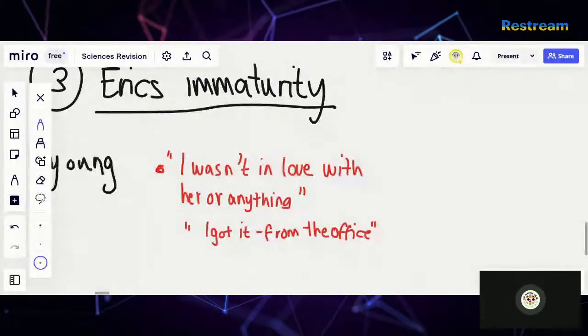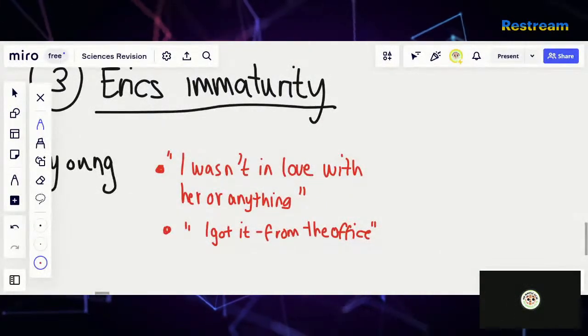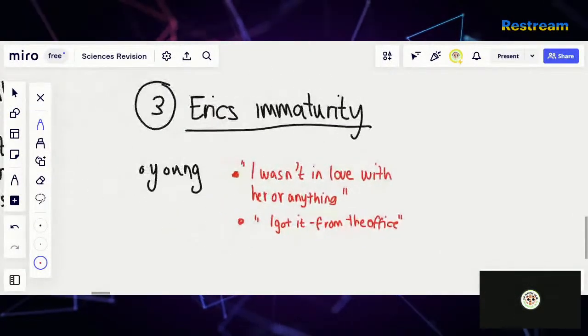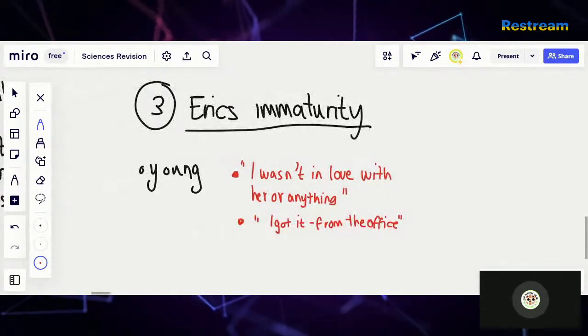What do both of these quotes suggest about Eric's immaturity?